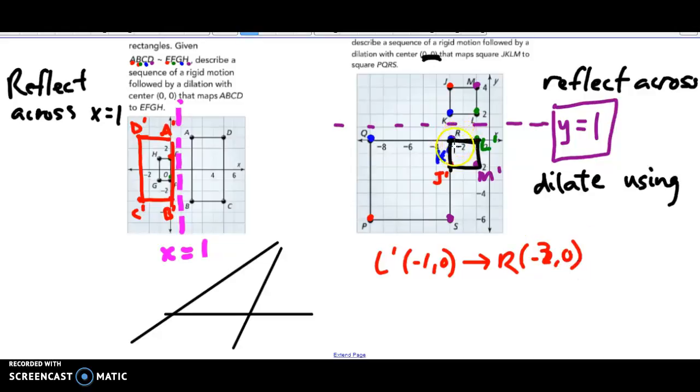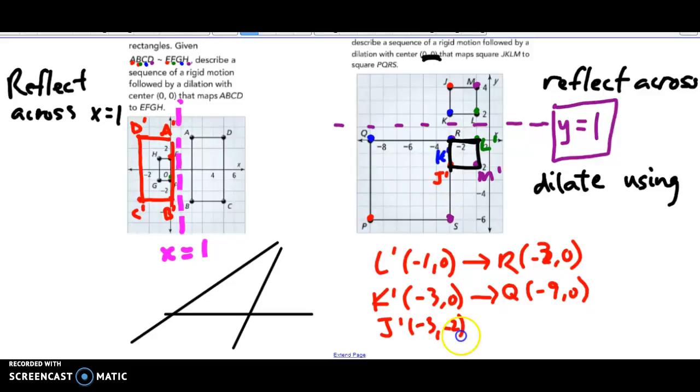And then K prime is right here at -3, 0. And that's going to map to Q, which is at -9, 0. And then I have J prime, which is at -3, -2. And J prime is going to map to point P, which is at -9, -6.